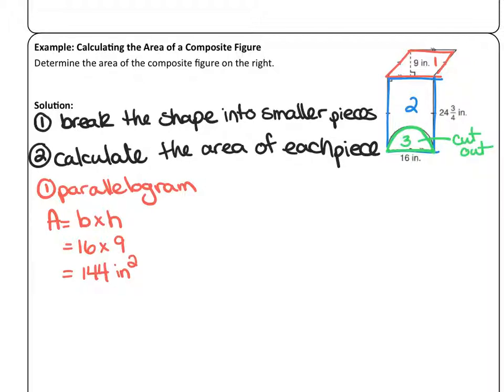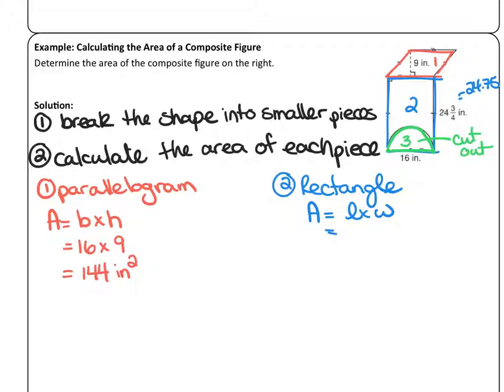Let's do number 2, which is a rectangle. That one's easy. It's just length times width. In this one, our length is 24 3/4. You can choose to write that as 24.75. If you do 3 divided by 4, you get 0.75.